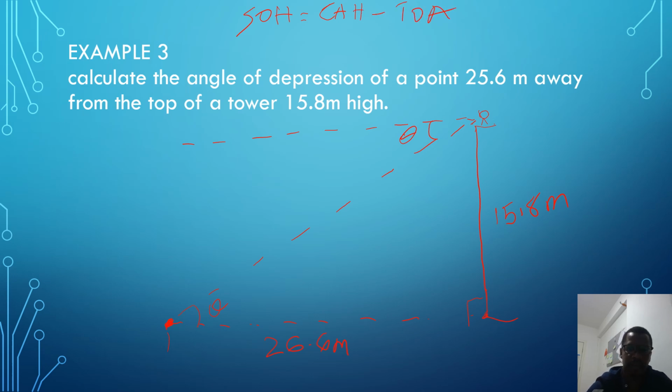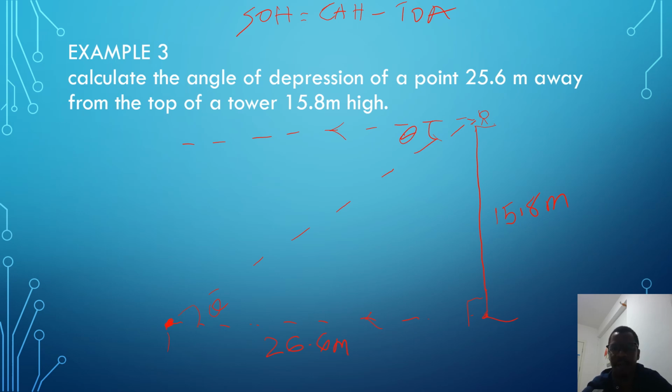Okay, so in this case, we have opposite and we have adjacent. Because of properties of parallel lines, this line has to be parallel to that line, which means this angle of depression and that angle of elevation should be equal.